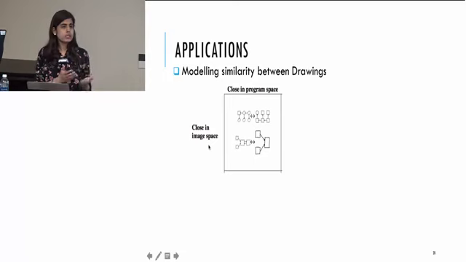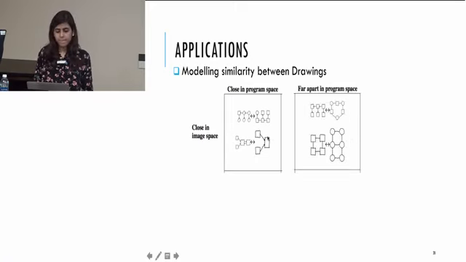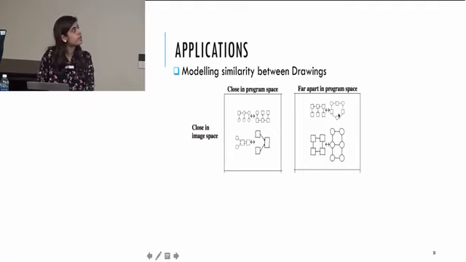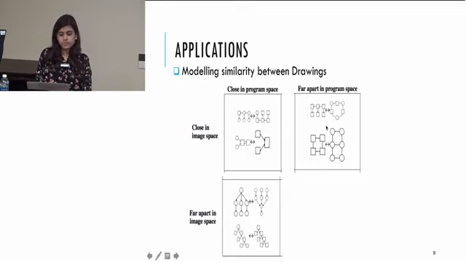When you talk about close in image space, we use pixel-wise distance or a similar metric to compare them, and that will also tell us that these 2 figures are pretty close to each other. These 2 figures, however, if you talk about the code that will be generated, will be pretty much different. And just by looking at the code, you can say these figures are not close or not similar looking.